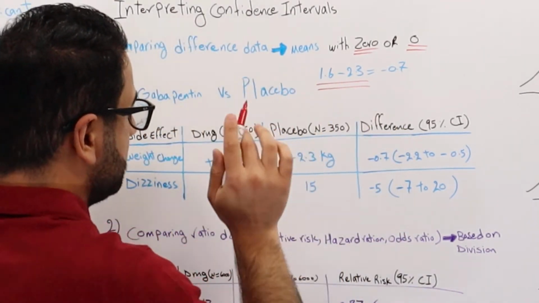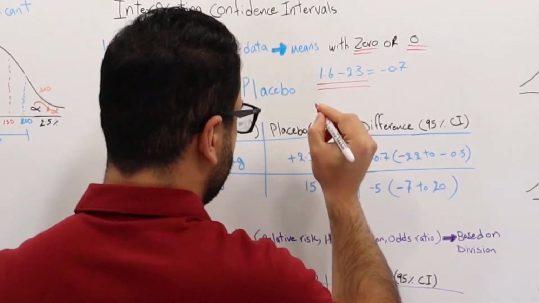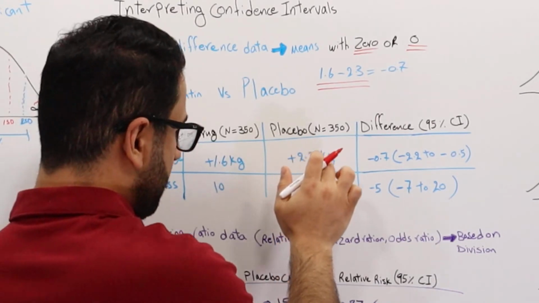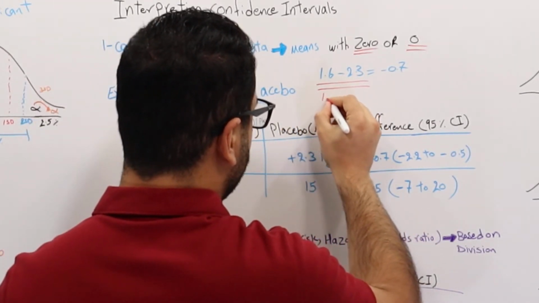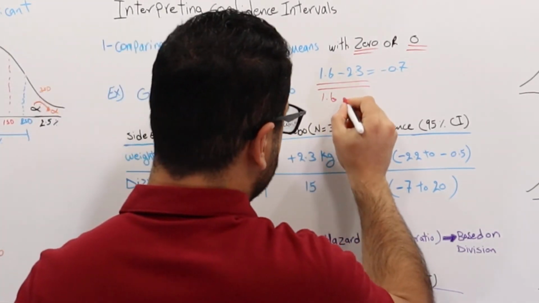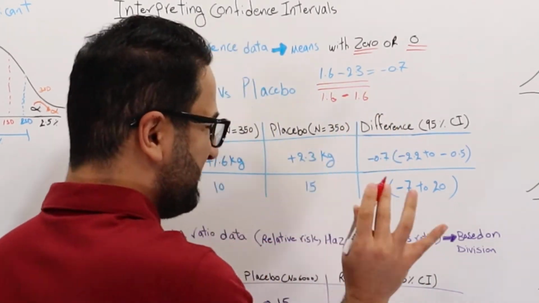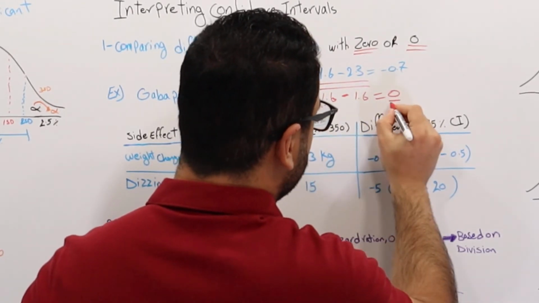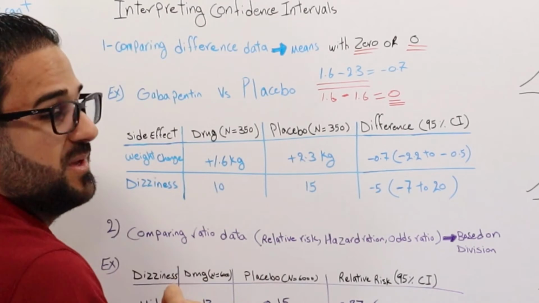Imagine if, instead of plus 0.3, it was 1.6 from the gabapentin medication, and the placebo said 1.6. We're subtracting the two. What's going to happen? 1.6 minus 1.6 is 0. What this means is there is no difference between the two.